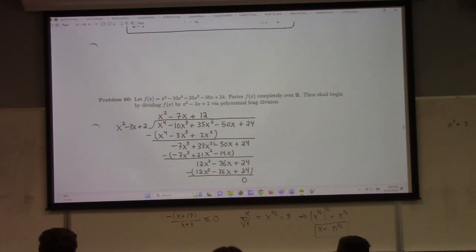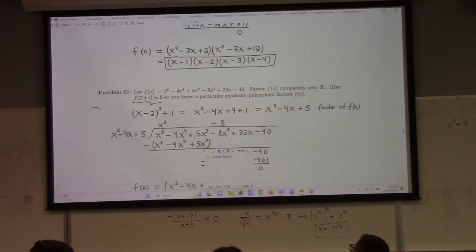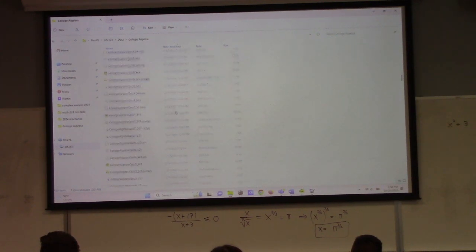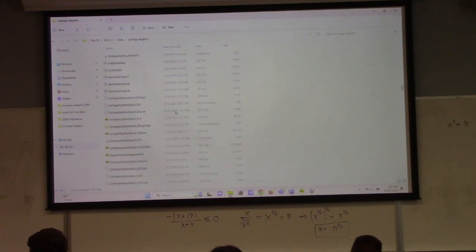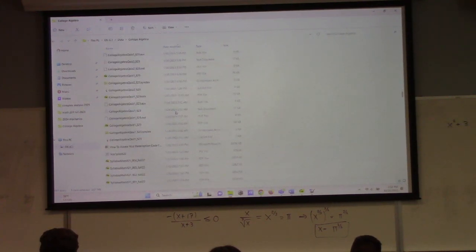So anyway, I'll let you look at the rest of the solution here. Let me skip over 67. I would encourage you to also look at the quizzes that we've had since the last test.